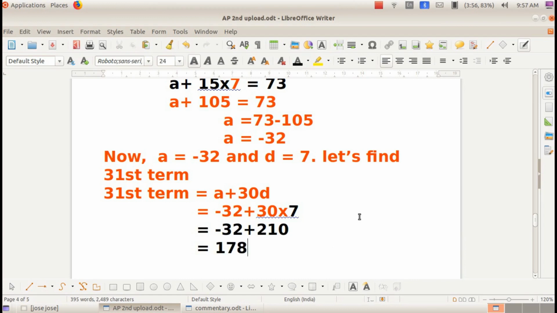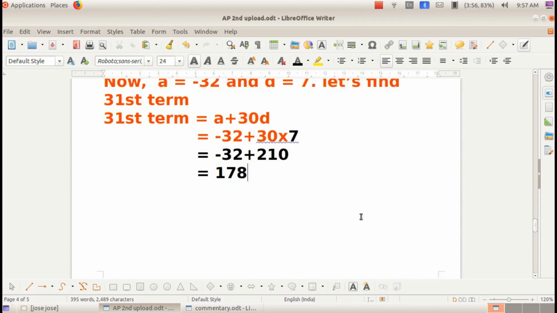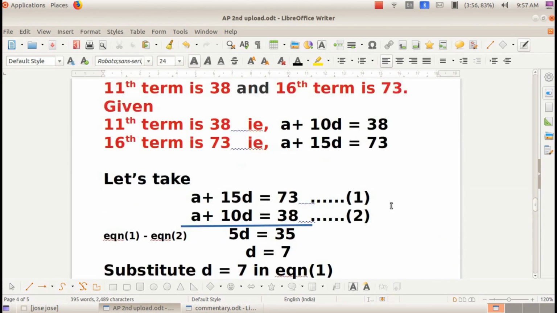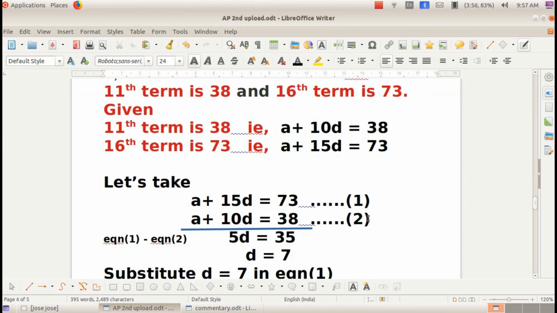Okay, once again we can go through this question. We need to find the 31st term of an AP. For that, the given conditions are the 11th term and 16th term. Using the nth term formula, we can write the 11th term is a plus 10d and the 16th term is a plus 15d. Now we make two equations, equation number 1 and 2.